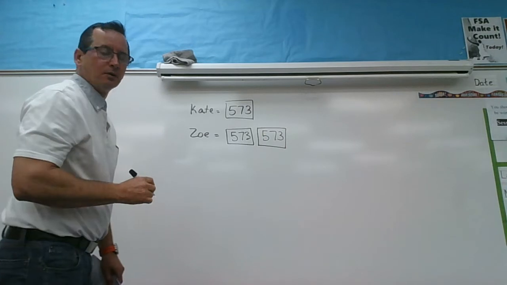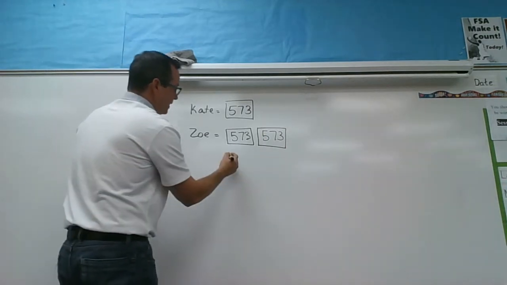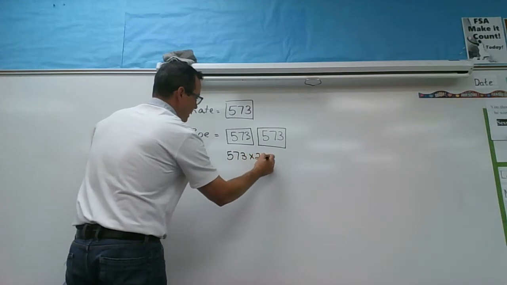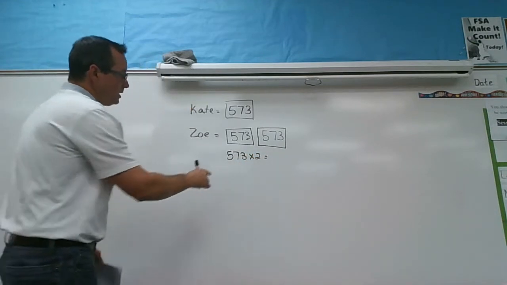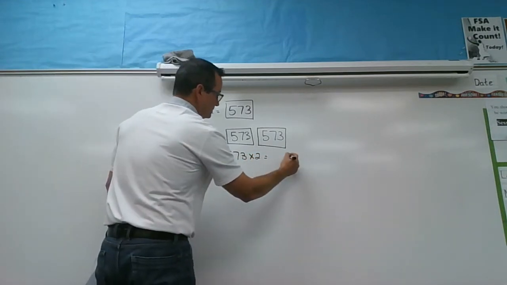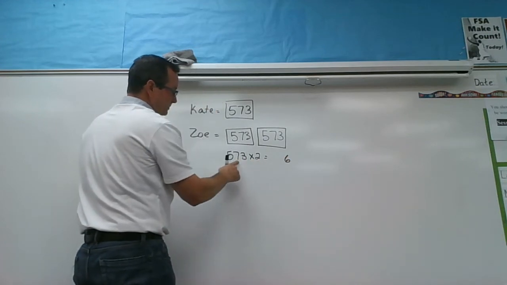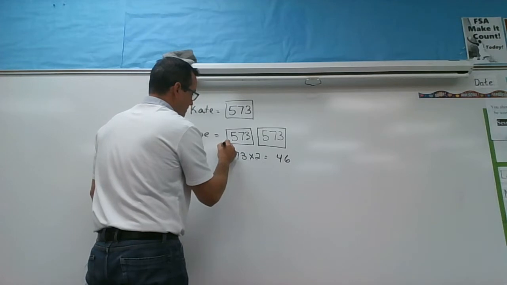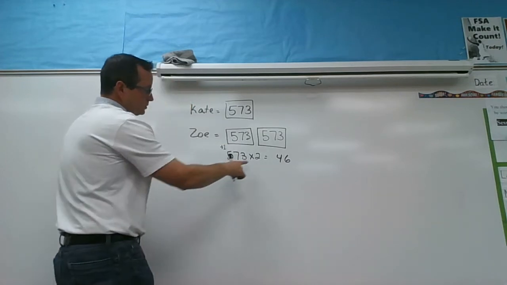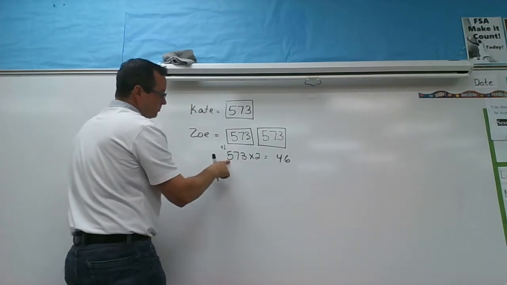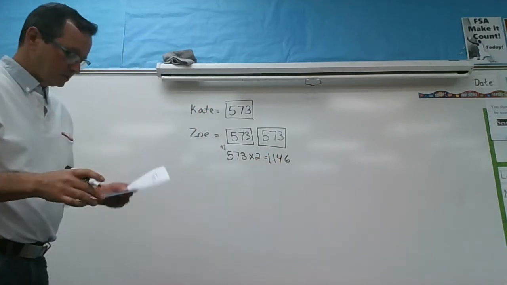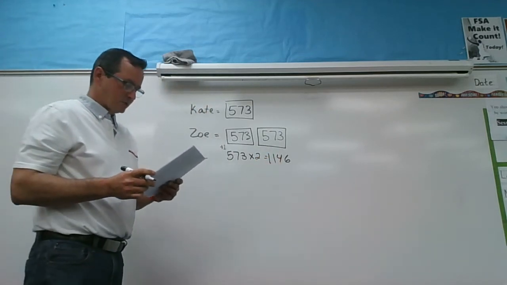Now, what we can do is take 573 and multiply it by 2. When we multiply that by 2, 2 times 3 is 6. 2 times 7 is 14. We have to carry 1 to the hundreds. 2 times 5 is 10, plus 1 is 11. 1146 is our answer, which is answer B.